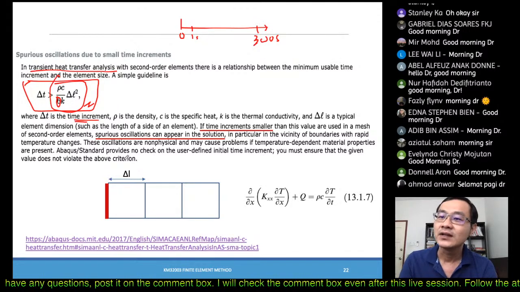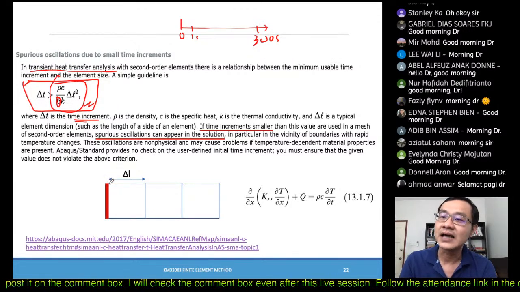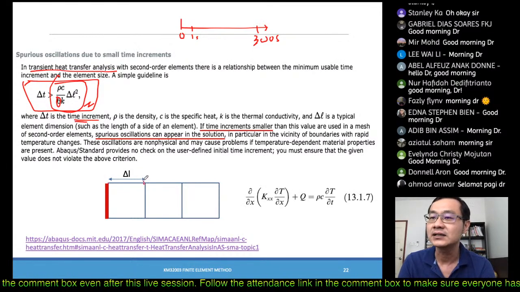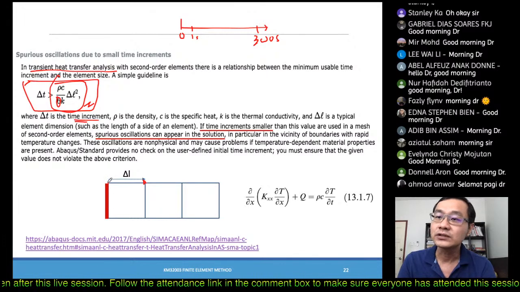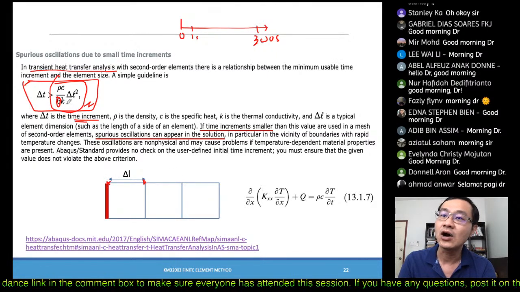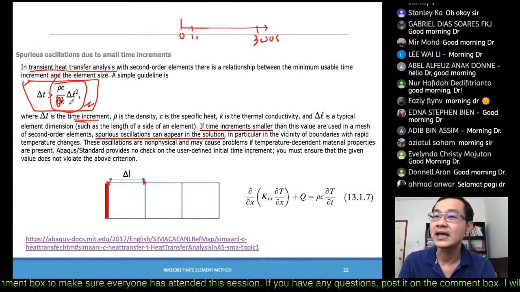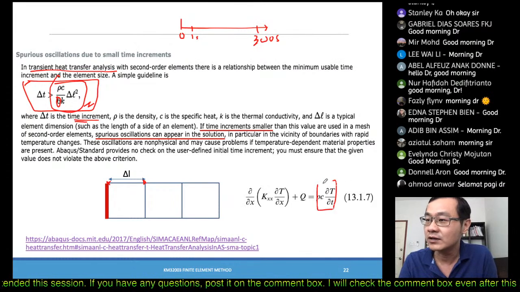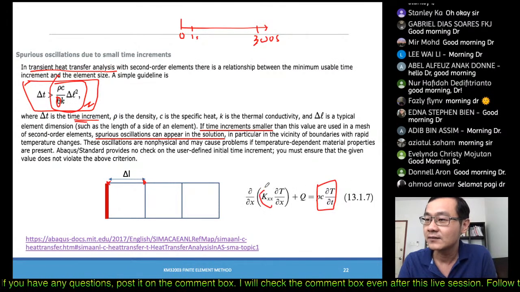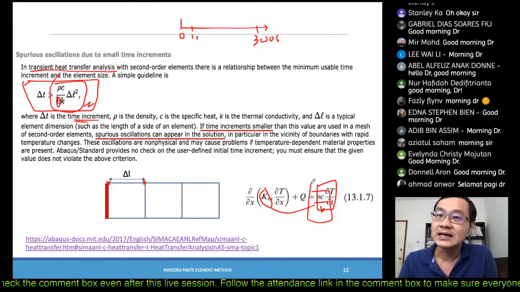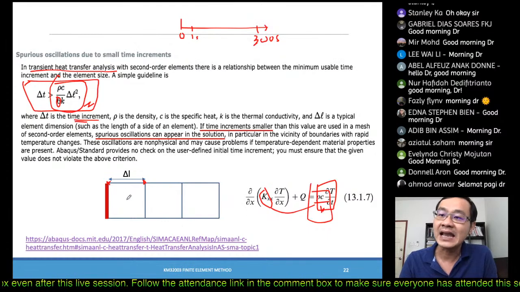The idea of having this guideline is that in the transient itself, the energy is being stored and transferred from one point to the other. So if you can see this rho C over K, where K is the thermal conductivity, it is based on these equations, our main equations. This part we move over here, so divide by K. You can see that this is related to the energy stored in the element itself.